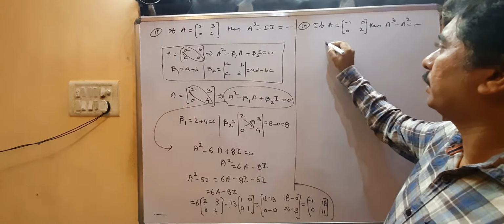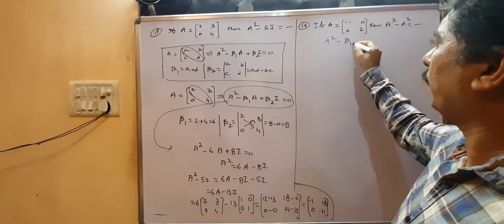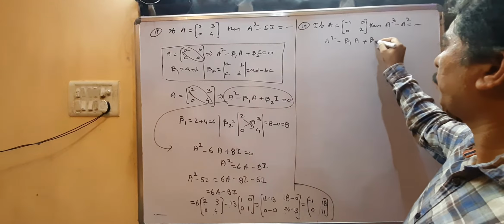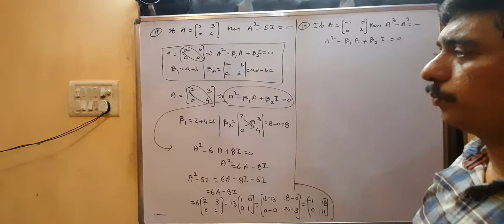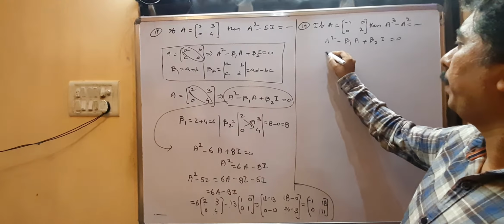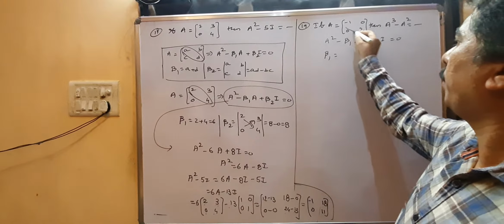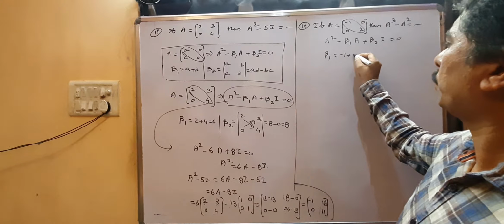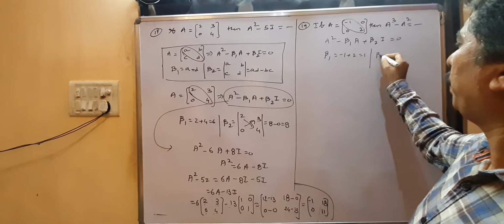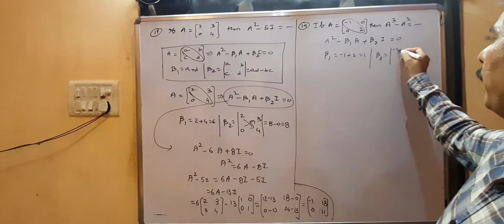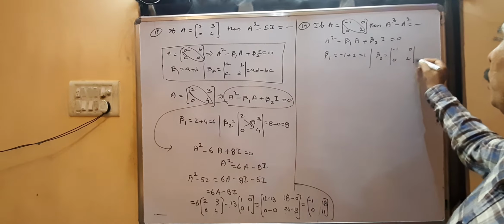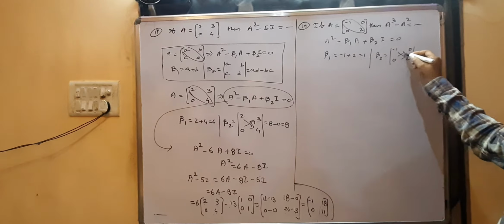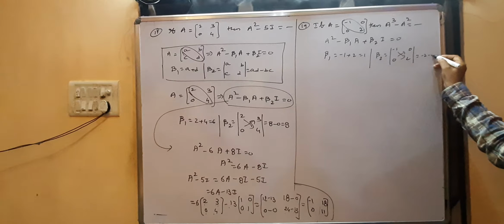The characteristic equation is A square minus beta 1 into A plus beta 2 into I equal to 0. So for beta 1, you have the sum of the diagonal elements, that is minus 1 plus 2, which is 1. Beta 2 is the determinant of the given matrix minus 1, 0, 0, 2, that is AD minus BC, minus 1 into 2 minus 0.